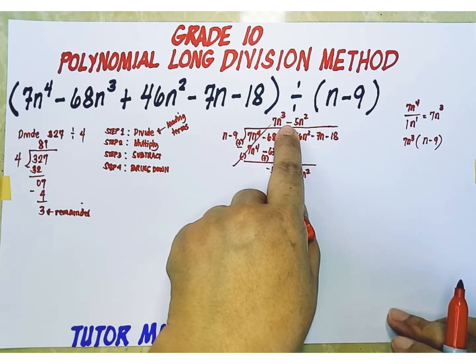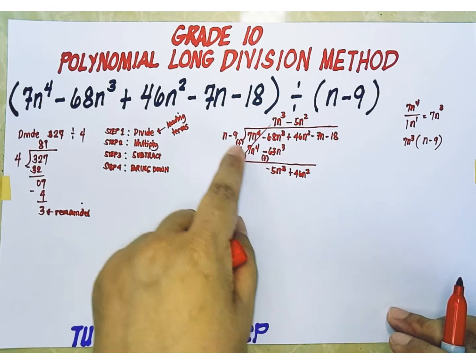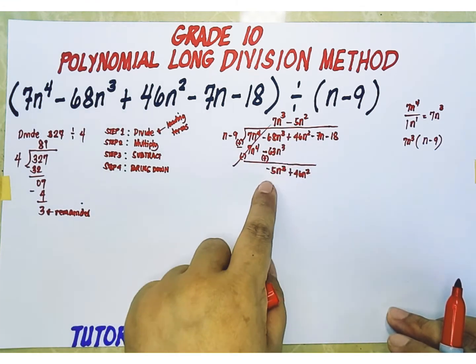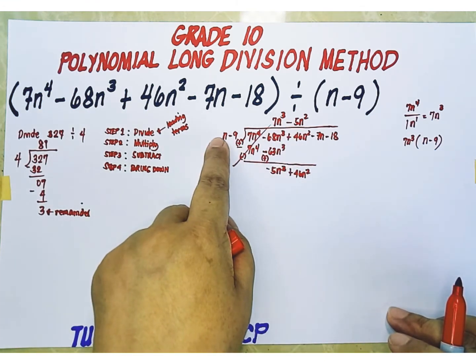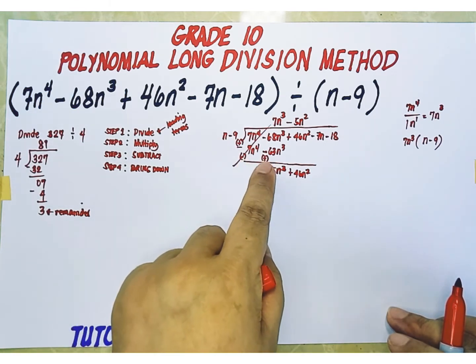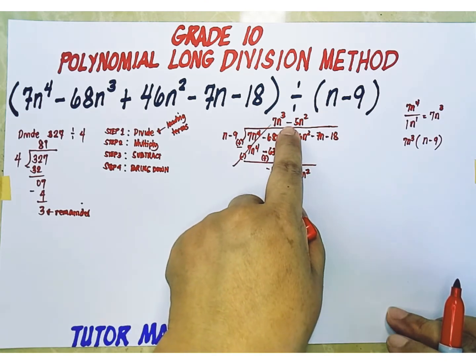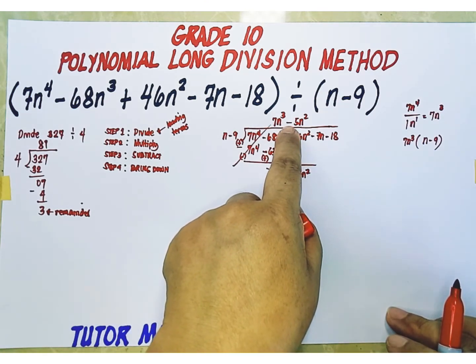Be careful sa sign. Papasok na naman dito yung counting of negative. Negative divided by positive, you count the number of negative, 1. If the number of negative is odd, the answer must be negative.